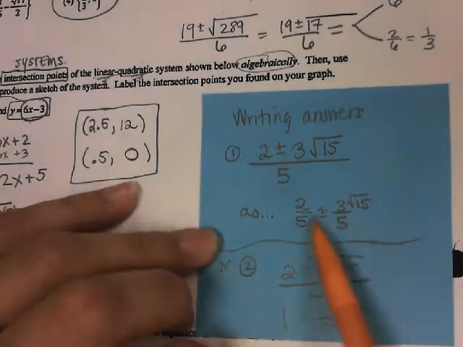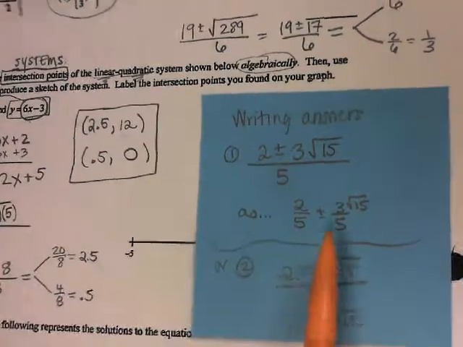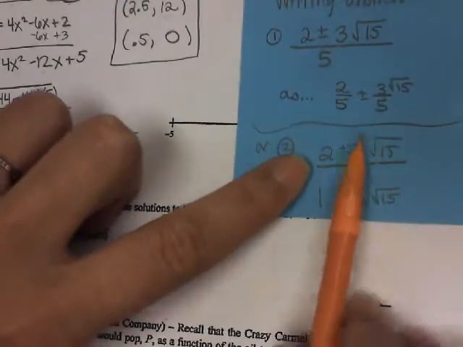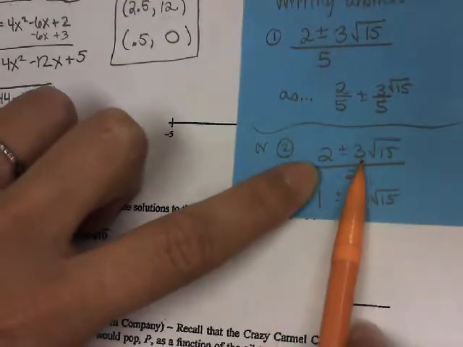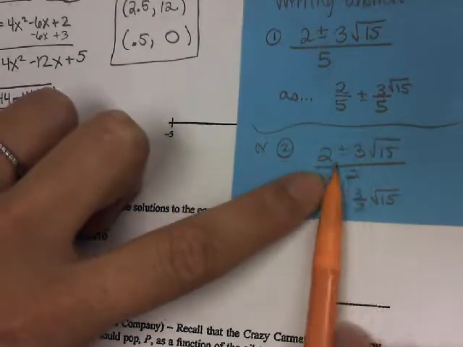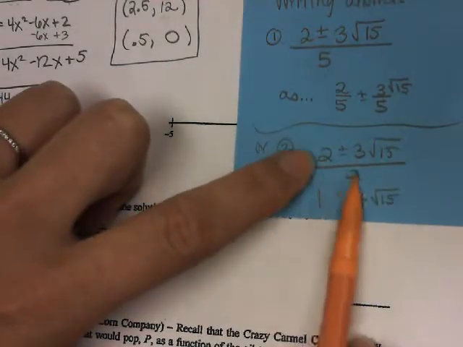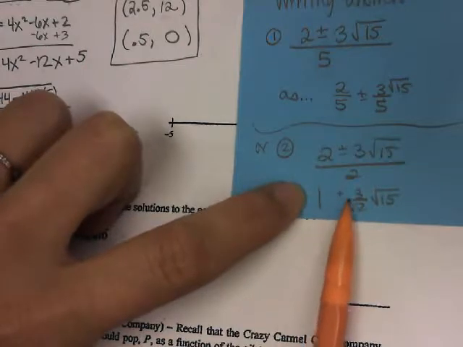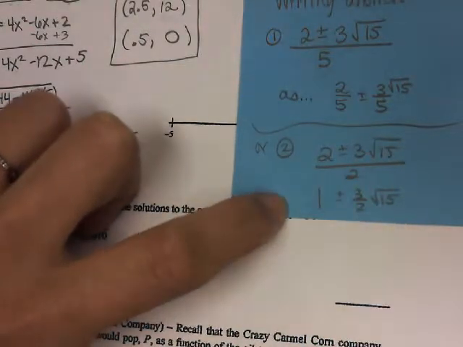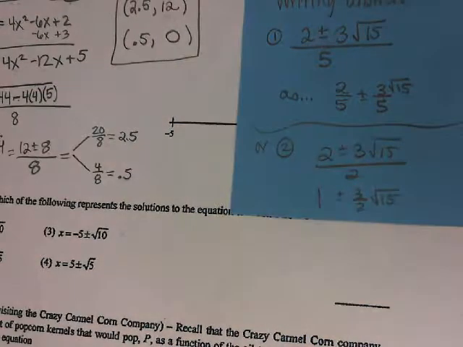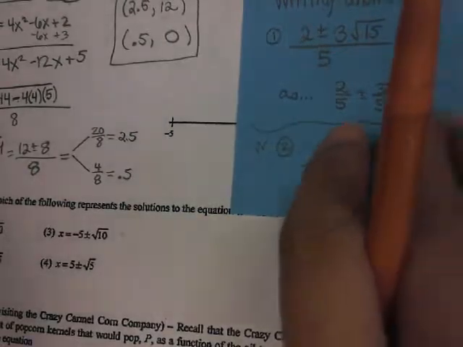So that is possible. And also here's a different one where you might get this answer, and because the 2 and the 3 don't divide by 2, you can leave your answer like this. Or they will actually split it up and do 2 over 2, which is 1, plus or minus 3 over 2 root 15. So just be aware of final answers being able to be written in that fashion.